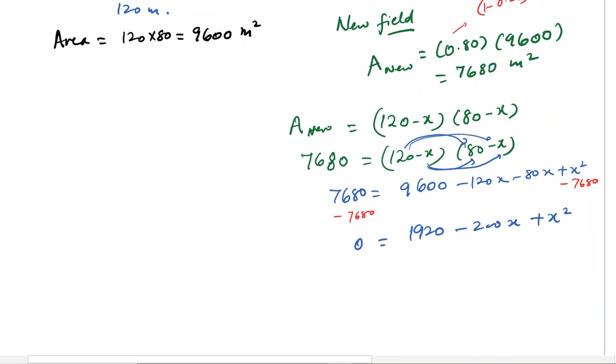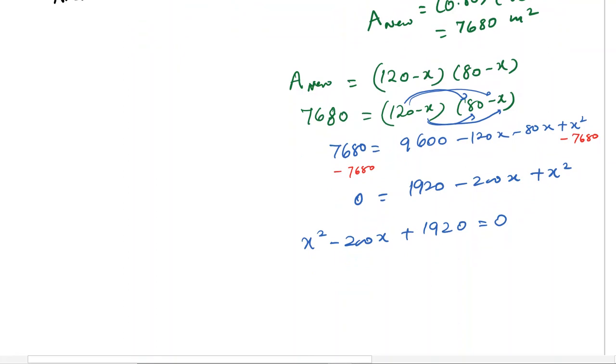So we got this quadratic, x squared minus 200x plus 1920 equals 0. This is our quadratic equation and we want to solve it for x. What is the value of x?